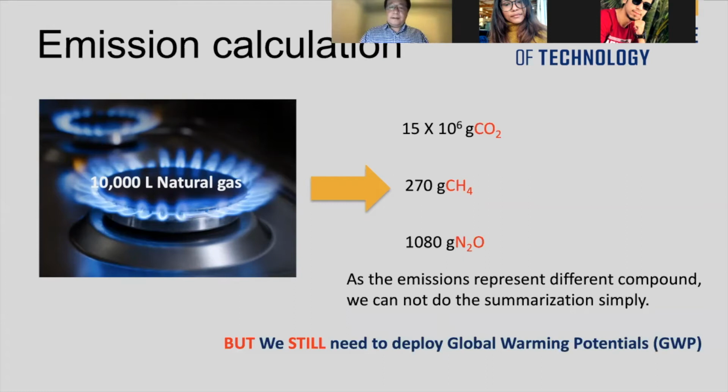Now we obtain carbon dioxide and different elements and compounds, but it is not standardized. So we need to employ the concept of global warming potential, GWP. As I remember, it also has a definition in the lecture notes.